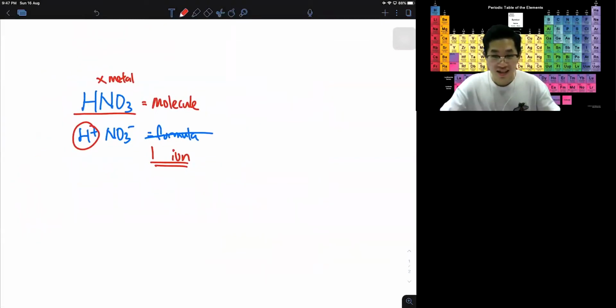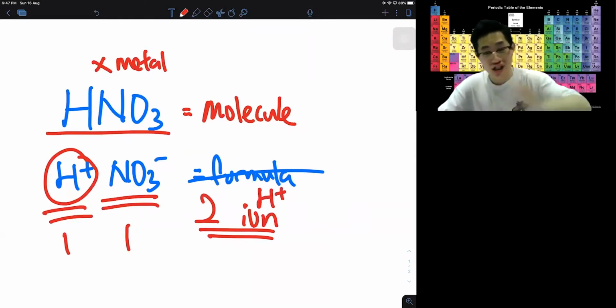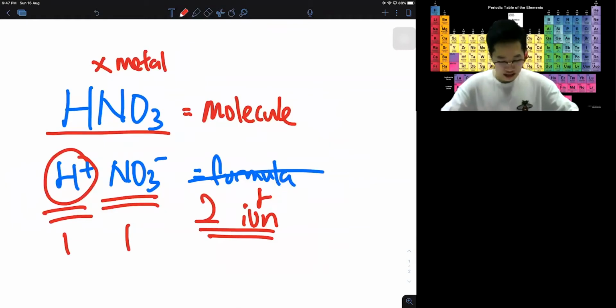So this one, how many atoms? If they ask you ion, got 2 ions, 1 H+ and 1 NO3-. Just now we were talking about 1 hydrogen ion. If total, then 2 ions.